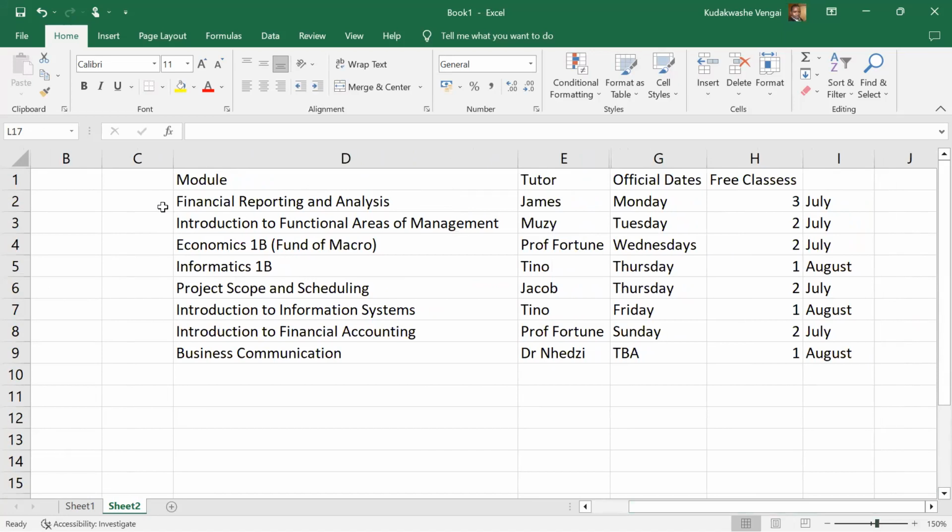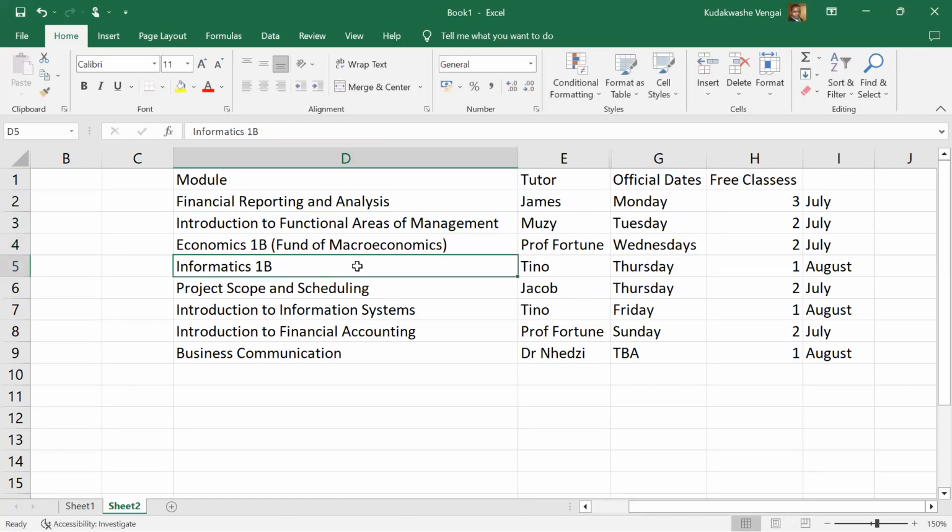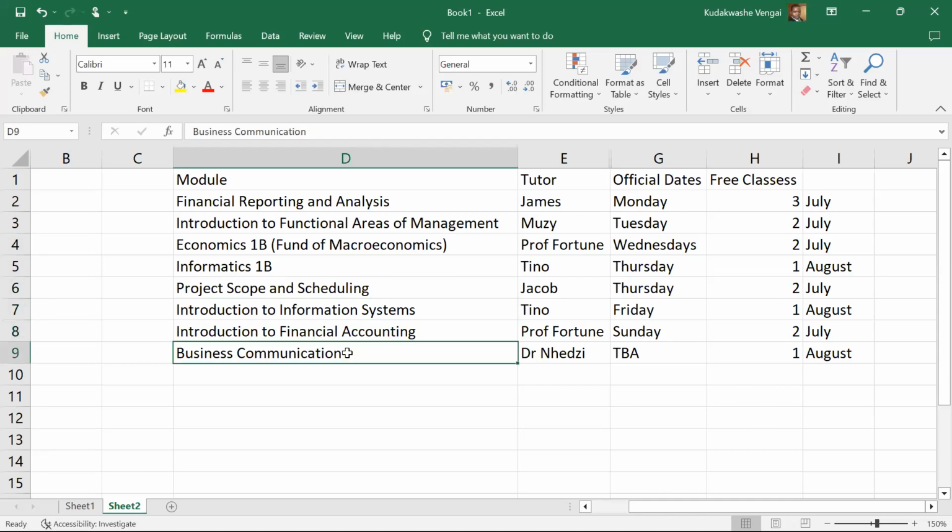We are going to be providing financial reporting and analysis, introduction to functional areas, economics 1B, which is also known as fundamentals of macroeconomics, informatics 1B, project scope and scheduling, introduction to information systems, introduction to financial accounting, and business communication.